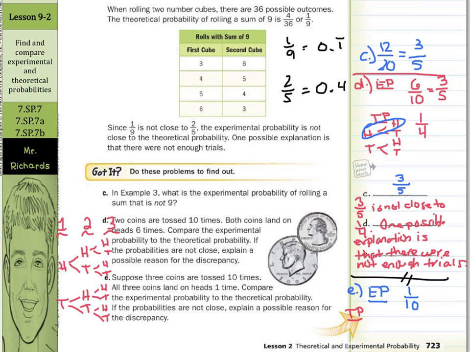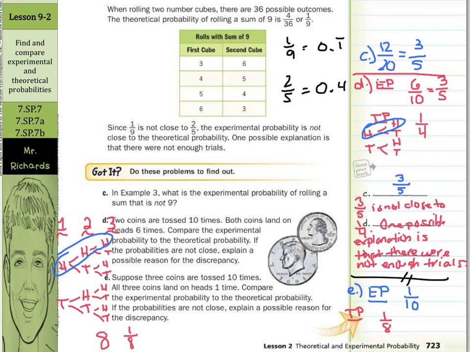Those are the 8 possible outcomes when you flip 3 coins in theory. What then is the probability of all 3 coins landing on heads? Well, that would be this track here, our heads, heads, heads, which is just 1 out of the 8. So the theoretical probability is going to be 1/8.